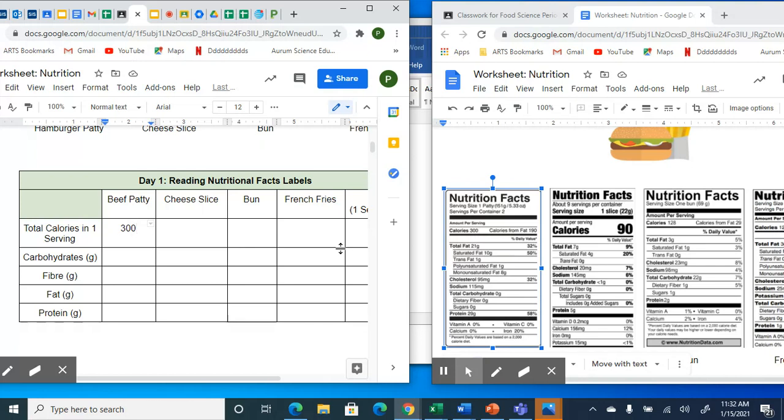All right. Carbohydrates. That's cholesterol, carbohydrates. And we have 0 carbohydrates. Do we have fiber? There's fiber, 0. Fats. Total fat, 21 grams.